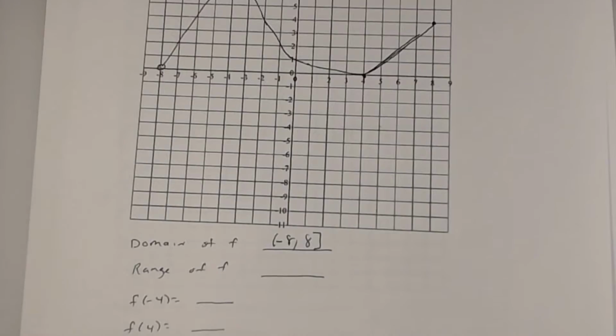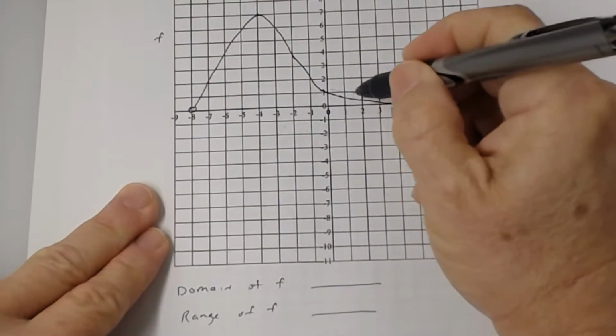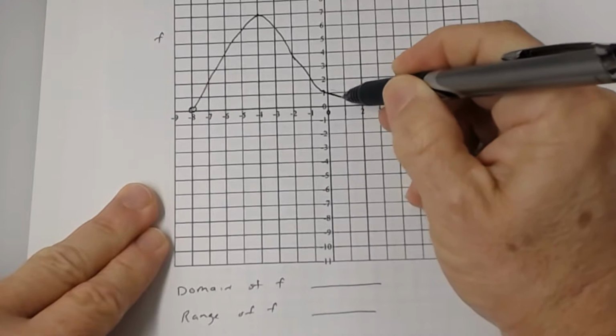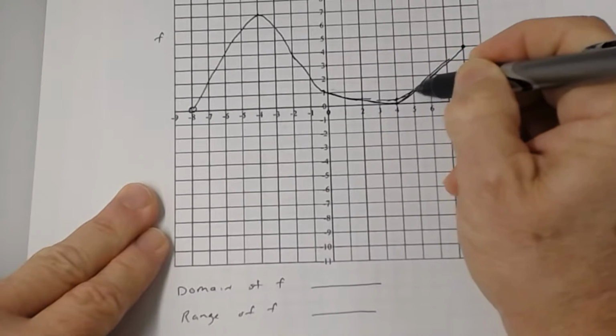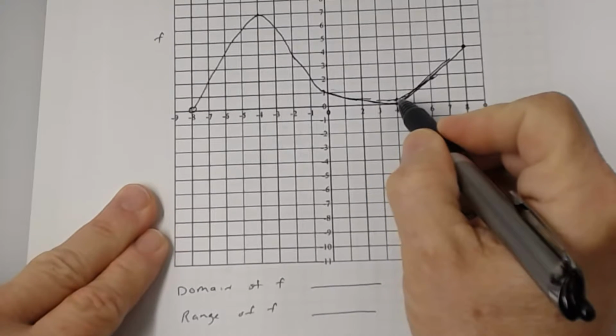Let's suppose this graph went down right here, and then instead of touching here, it kind of did this, but not touch it. Just somewhere around here, whatever this is.